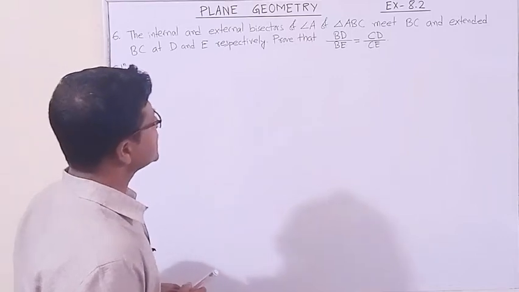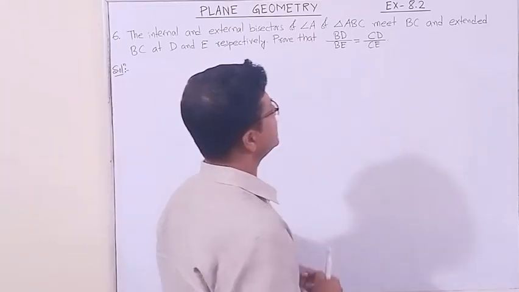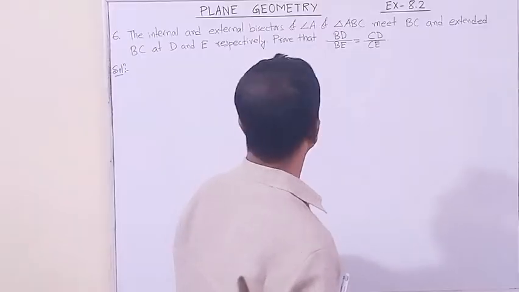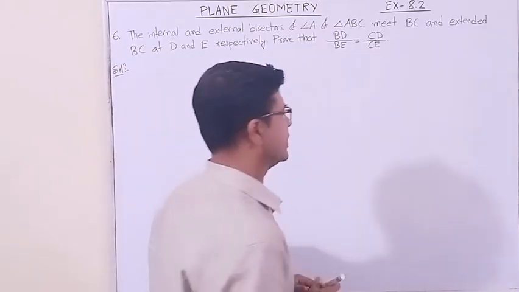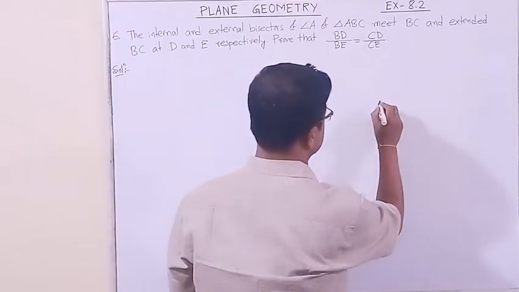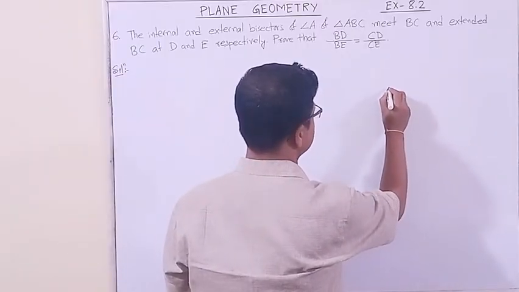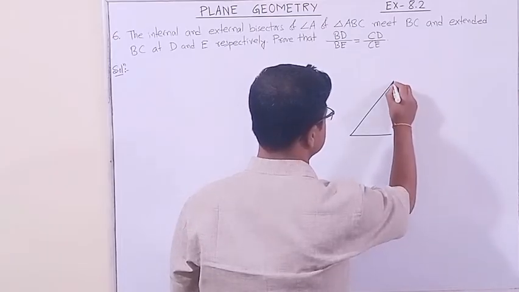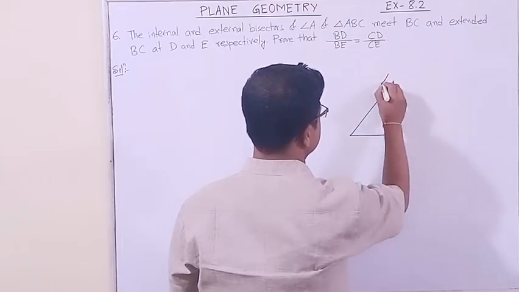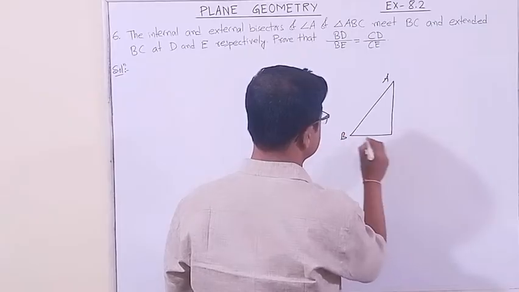The internal and external bisector of angle A of triangle ABC meet BC and extended BC at D and E respectively. Prove that this. Let us draw the figure at first. I will draw a freehand diagram. Suppose this is triangle ABC.